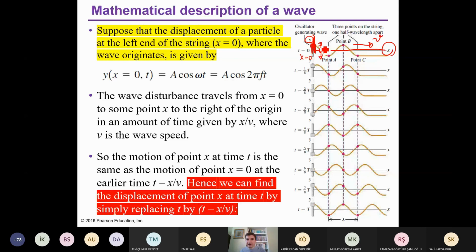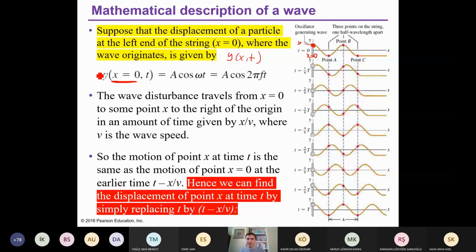Let's consider I have a particle where x is equal to 0, and this particle has a certain y position. Actually, y is given with two variables, x and t, and here I investigate the particle position where it stays at x equal to 0.